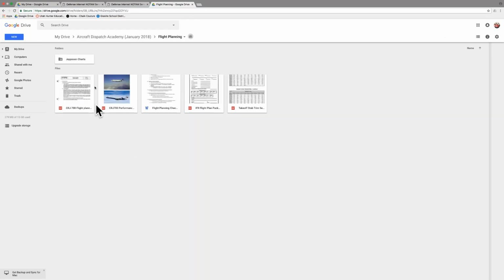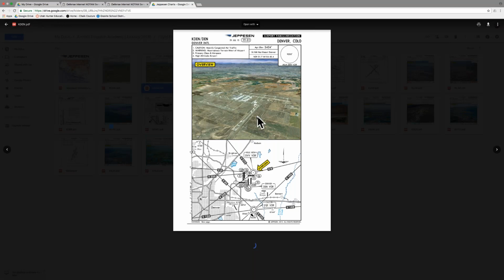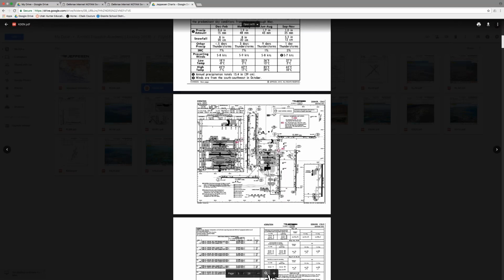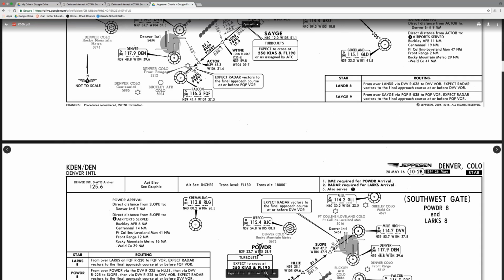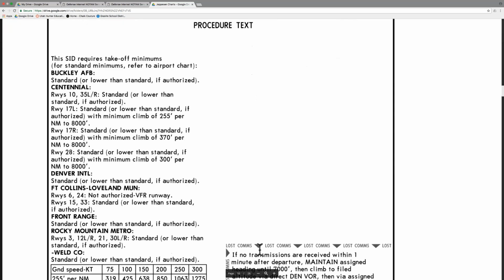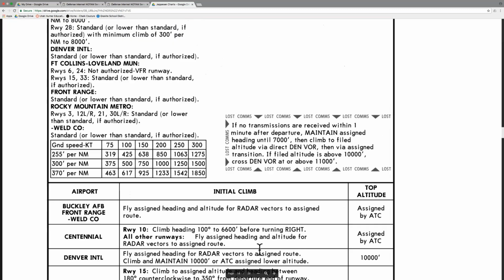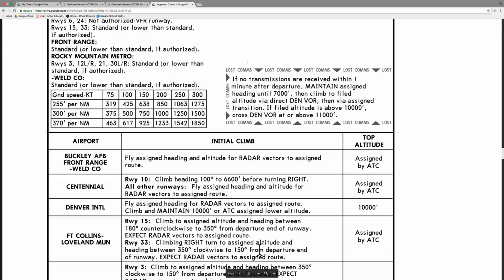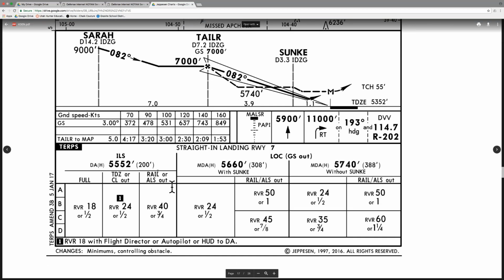So how would the approach lighting system being out affect us as a dispatcher? It would affect the type of approach, so possibly different minimums on an ILS approach, or maybe not able to do an ILS approach at all. Beautiful. So on the ILS approach, your minimums are going to go up if you see an ALS out of service. So if we look here, here are our landing minimums.